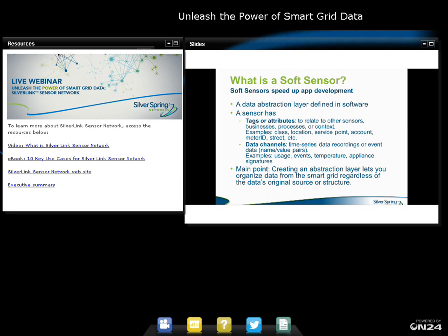So examples are pretty straightforward: zip code, class, location, service point, being able to combine those into specific data channels that allow us to take time series and recorded events and combine those with a variety of other things, contextualized, for example, to include usage events and temperature, those kinds of things in a standard data channel that we can use to power an application to create an insight into what's happening. So the key here is that abstraction layer that lets you organize the data regardless of the source or the structure.